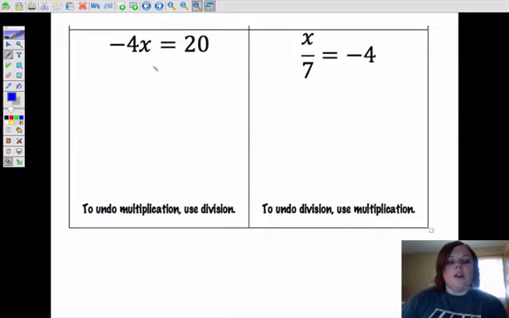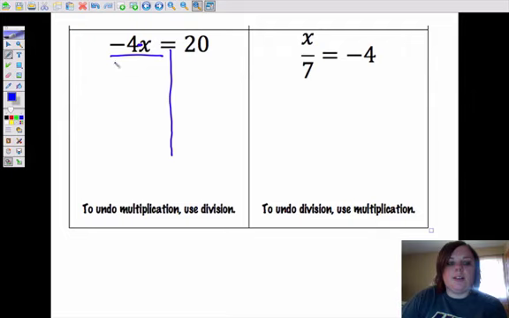All right, so in this one, we have negative 4x is equal to 20. Remember, when you have the number right next to the x, it's the same as negative 4 times x. I'll extend the equal sign. Now to undo this multiplication, I'm going to use division.